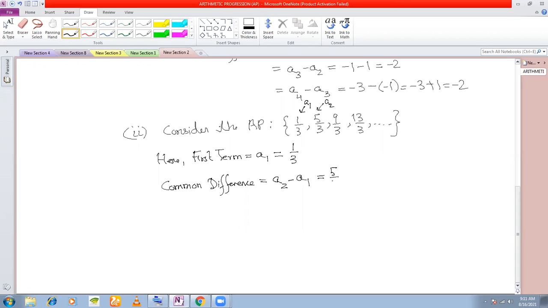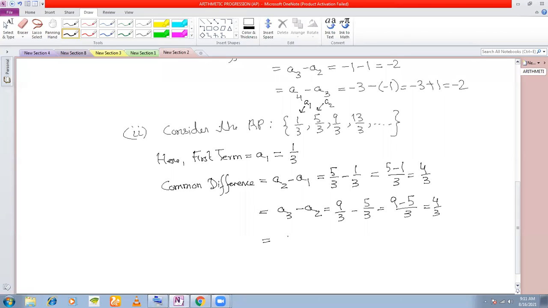Second term here is 5/3 minus 1/3, which is 5 minus 1 divided by 3, which is 4/3. This is the common difference. Or you can also take A3 minus A2. 9/3 minus 5/3, which is 9 minus 5 over 3, is 4/3.